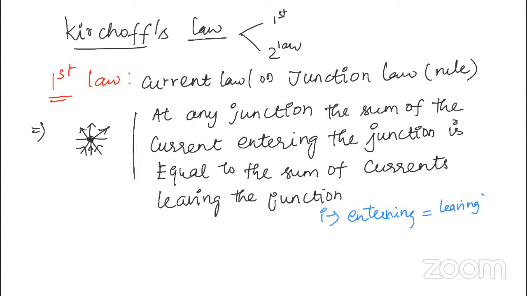The current value I have to take as I. It is simpler, we write it as summation of I is equal to 0.